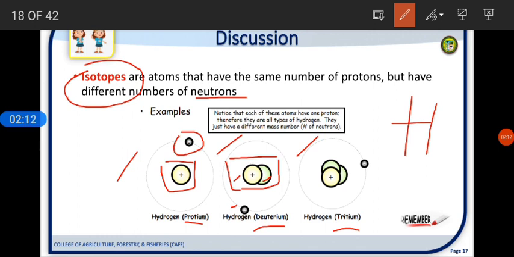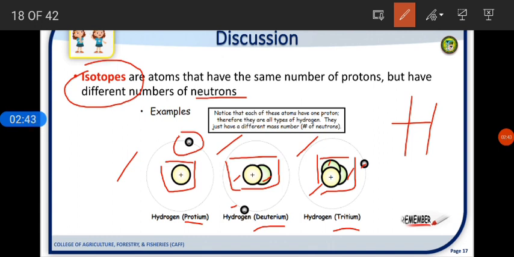And the last one is tritium. Look at that one, class. There is a presence of proton. There is also a presence of electron. And how many neutrons did you see? There are 2 neutrons, the 2 light green colored subatomic particles. That is the neutron.